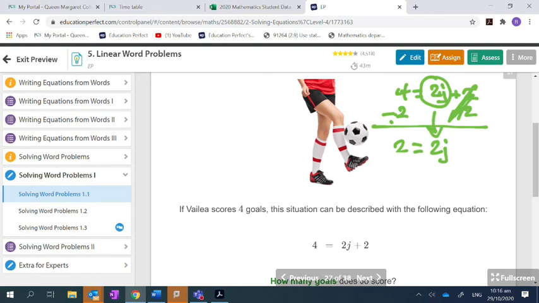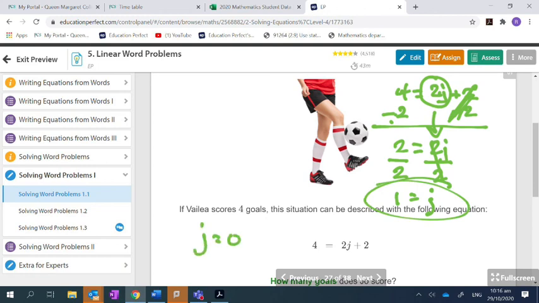So now what do we do? We need to divide by the coefficient. What is the coefficient? So we'll divide both sides by 2. What's 2 divided by 2 going to give me on this side? And what's going to happen on this side to the 2s? They divide away and turn into a 1, but 1j is just plain j. So j equals 1.